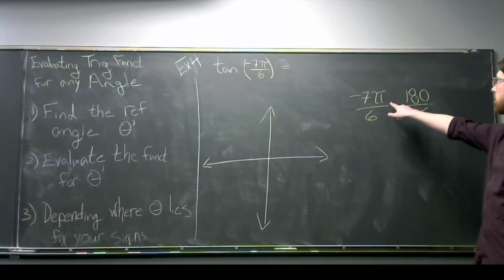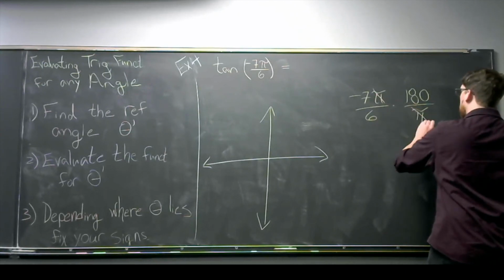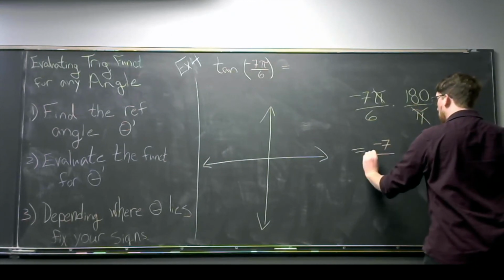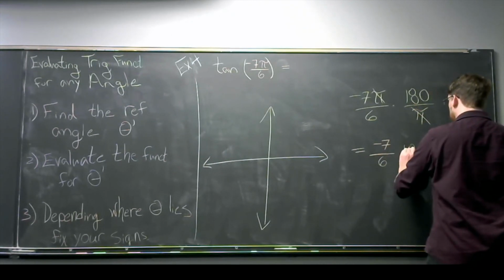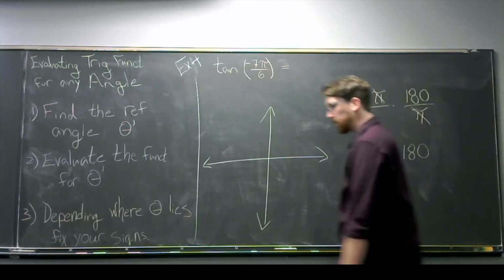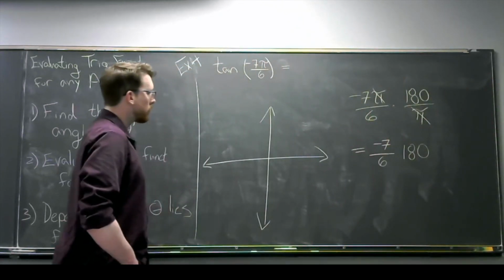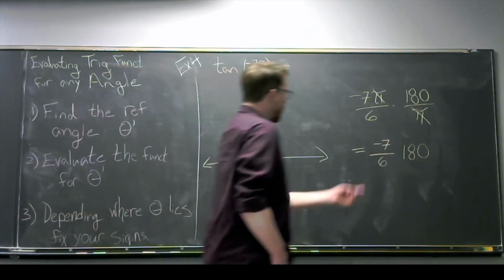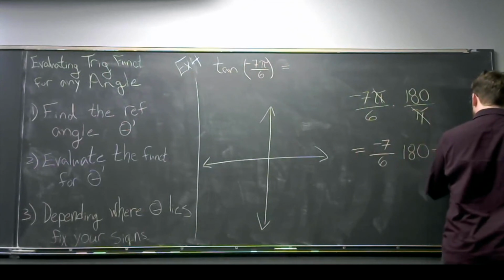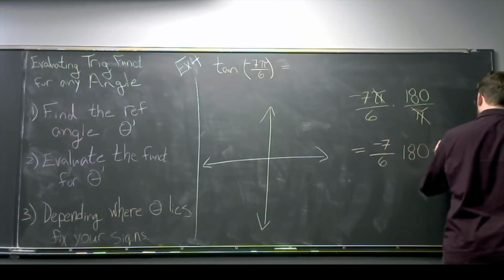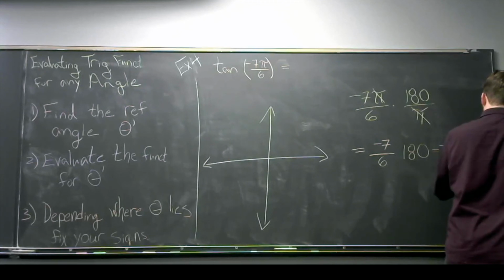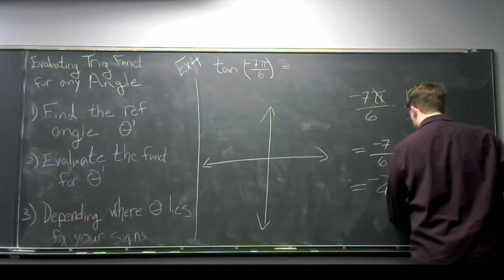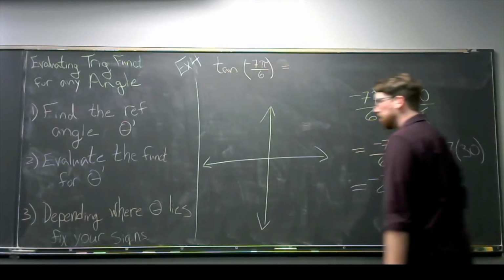Well, we can see the pi's are going to cancel. So we're left with negative 7 over 6 times 180. 180 divided by 6 comes out to be 30. So this is equal to negative 7 times 30, or just negative 210 degrees.